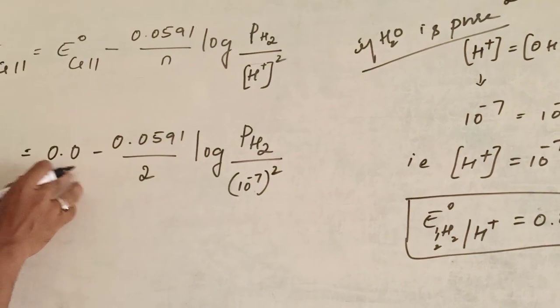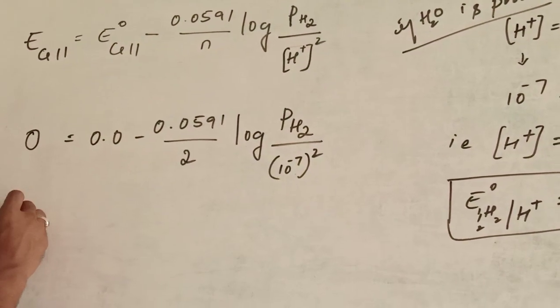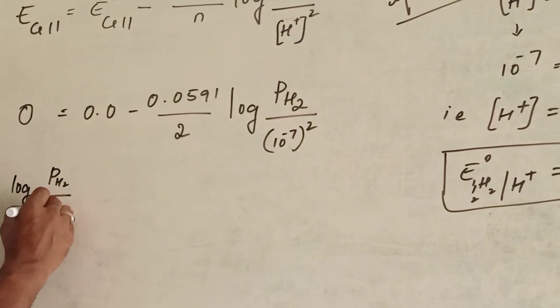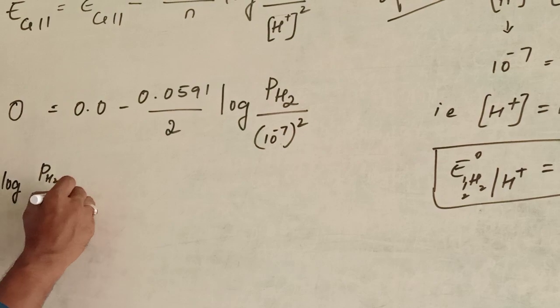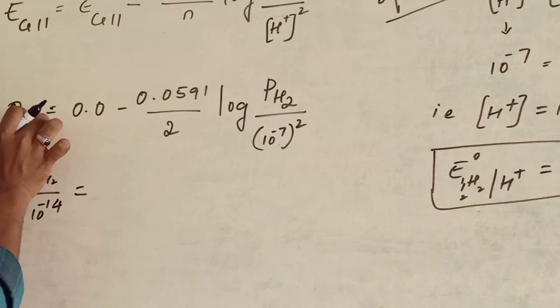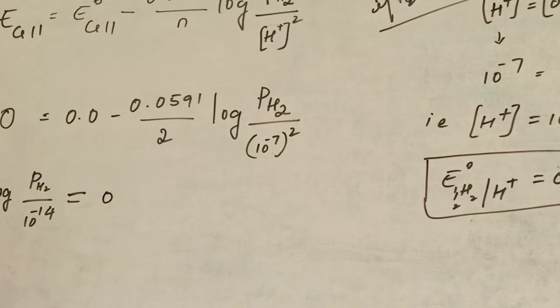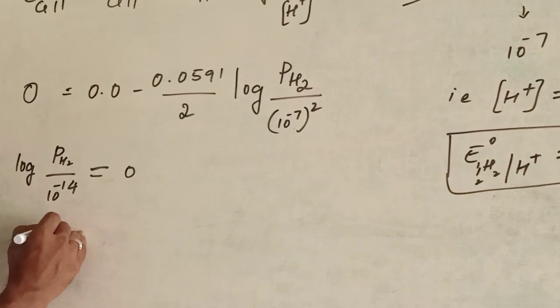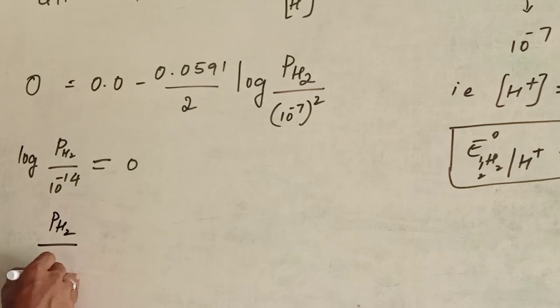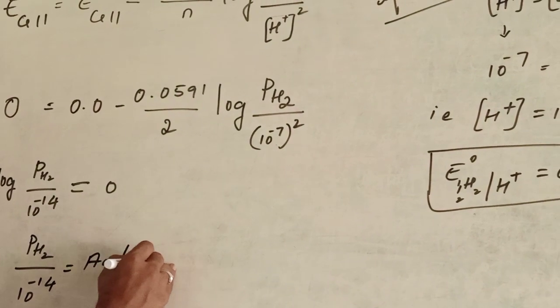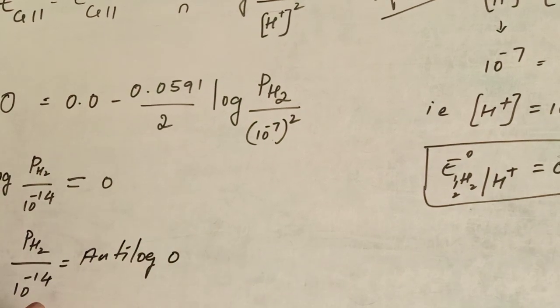Then this is 0. Then log P of H2 by 10 power minus 14 is equal to 0. Then P of H2 by 10 power minus 14 is equal to the anti-log of 0. Anti-log of 0 is 1.